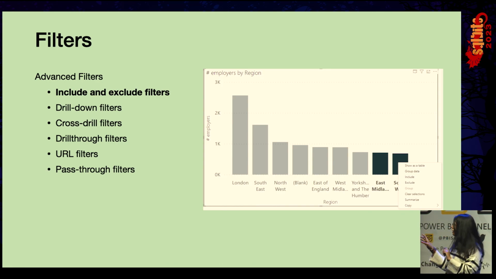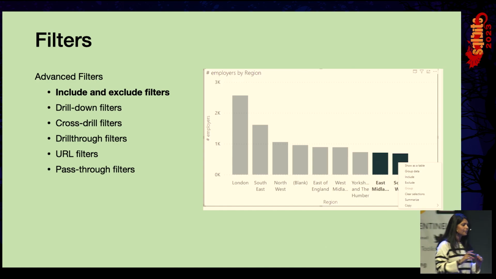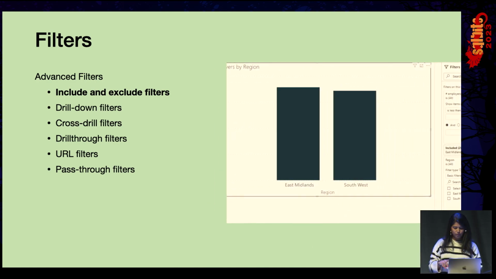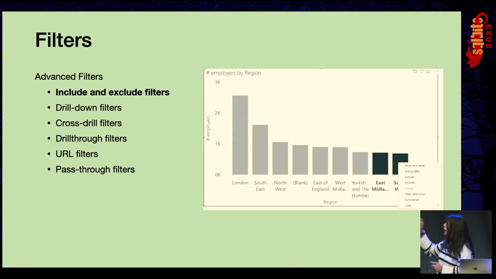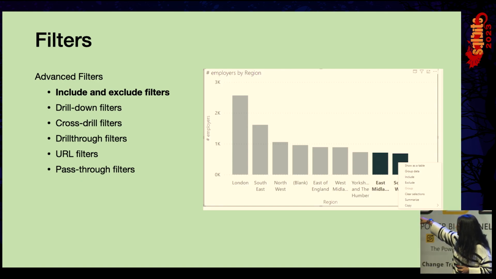So when you do include or exclude, it basically adds those to your filter pane. For example, in this case, I have East Midlands and something else. It adds them to my filter pane. Okay, so those are include and exclude filters. The beauty of it is that, compared to manually adding, this is a bit nicer way to add.